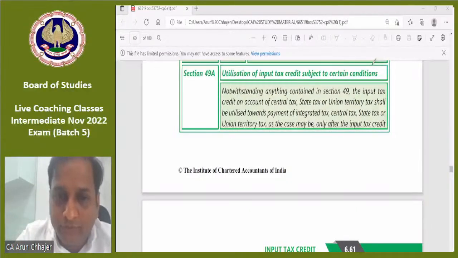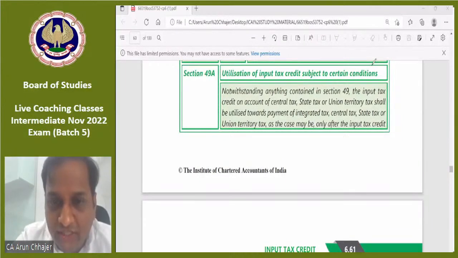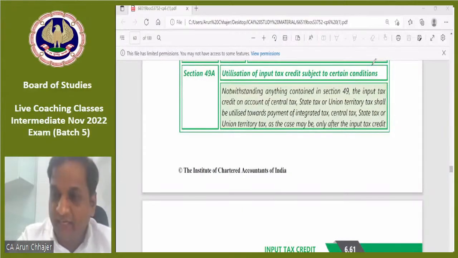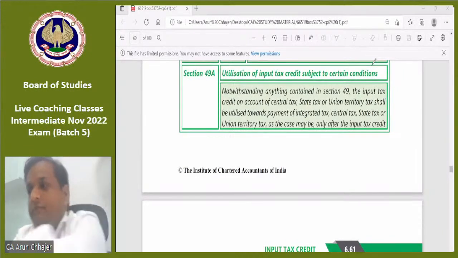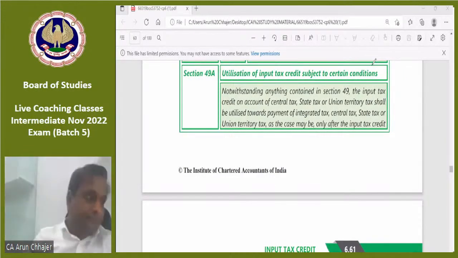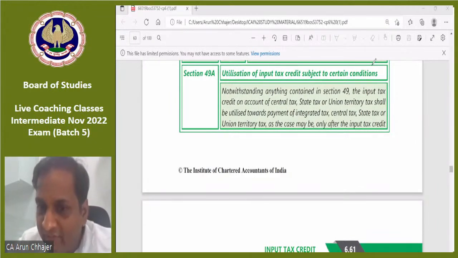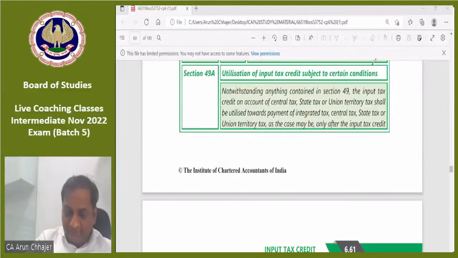Understood. Now, one question is being asked by Shivam. What is the difference between 49A and 49(5)(B) and (C)?